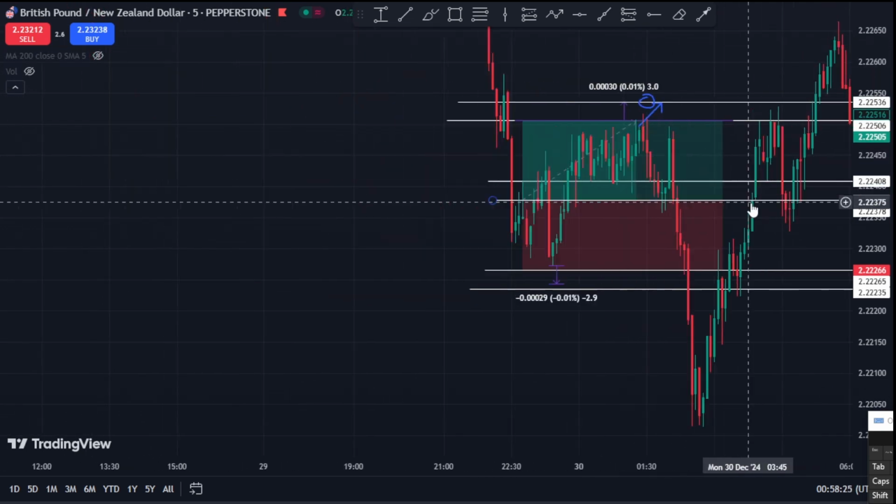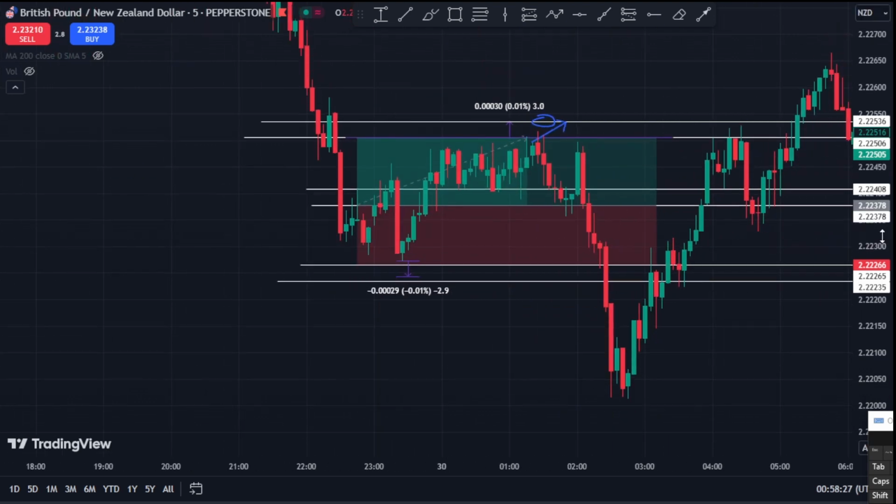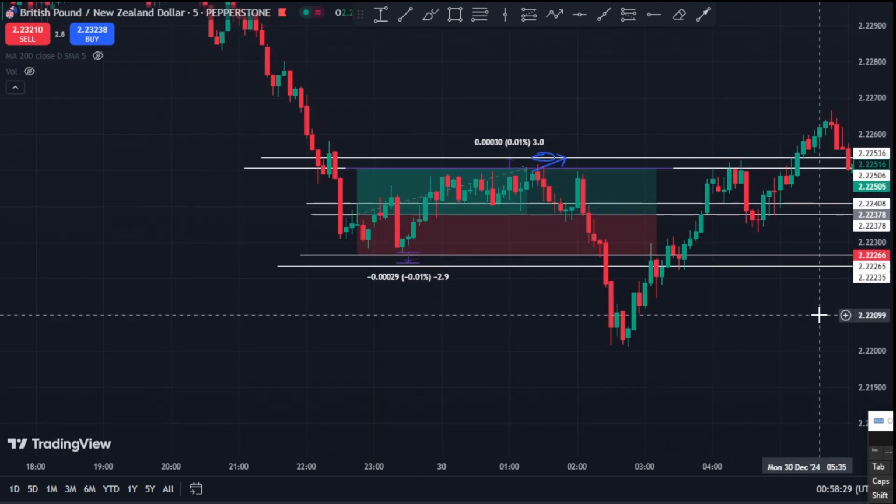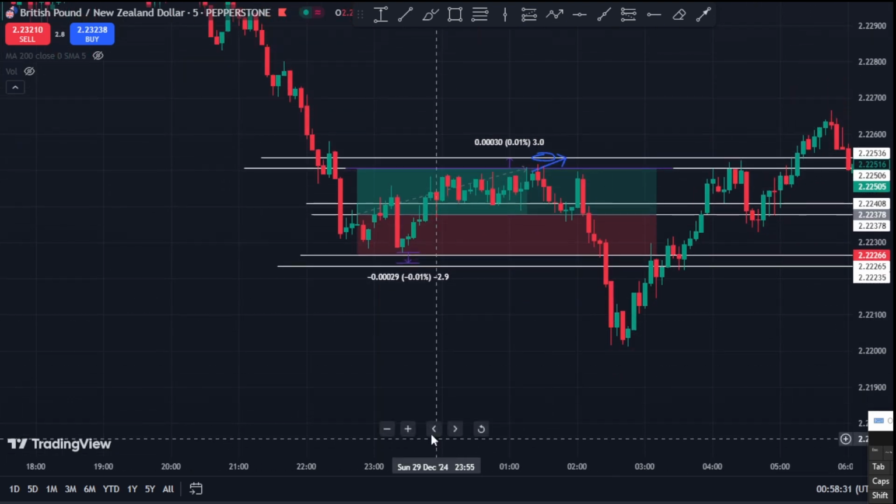And the second way to go around spread is trading the higher time frames.